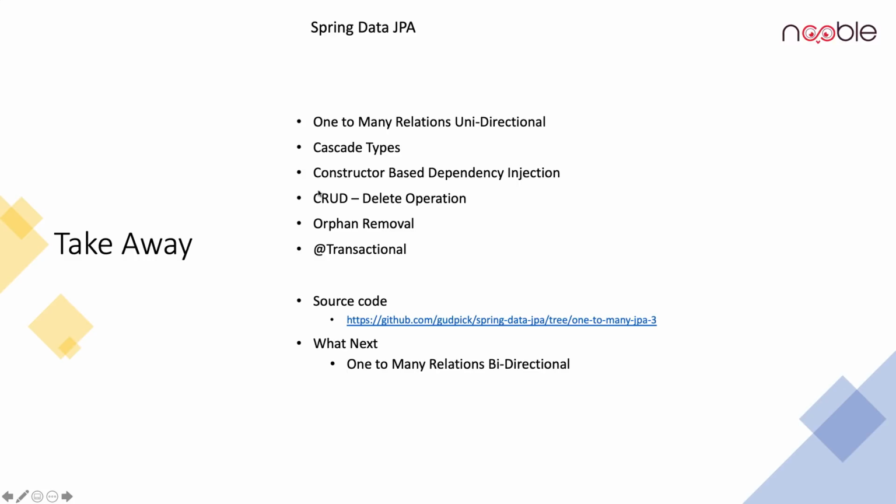And in the CRUD operations, we spoke about the create in the previous video. Now we did talk about the delete operation and orphan removal in conjunction with it. And a transaction, when we wanted to roll back the transaction when something unwanted happens in between. So we have covered all this.